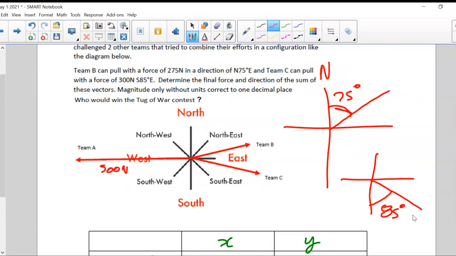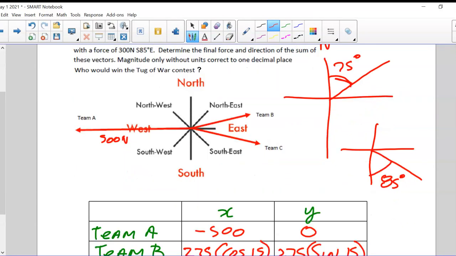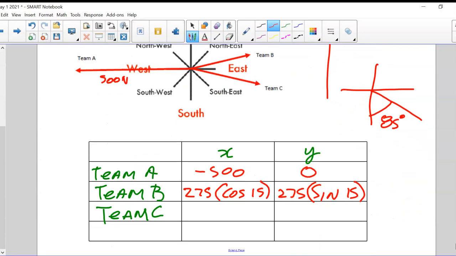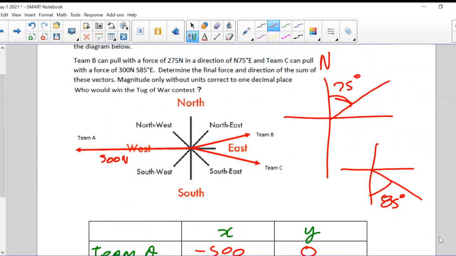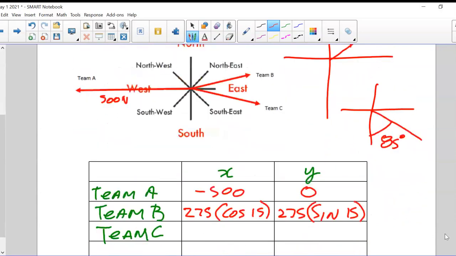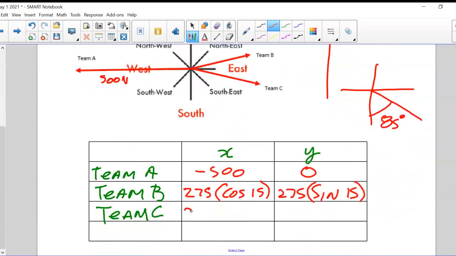Now, the challenge is, and I know we have to finish up soon, I'm going to put the length of the vector there to start you off. This vector is 300. The challenge is to figure out what angle is going to make sense for us. Does anybody think they know what that angle is?